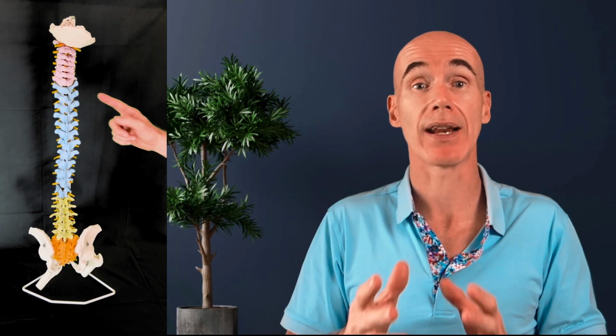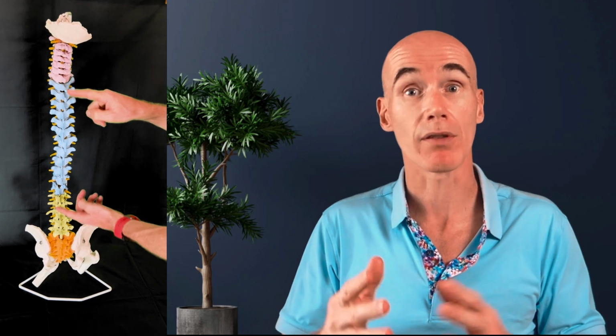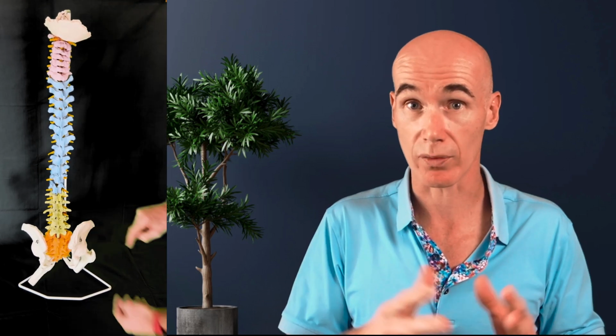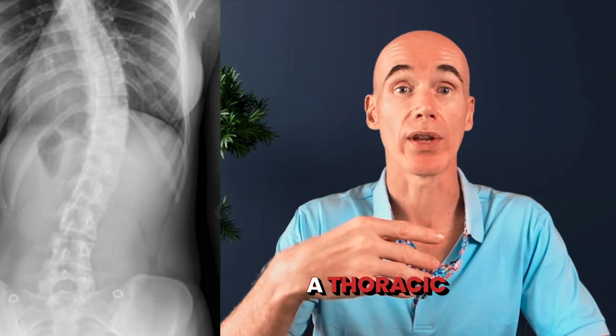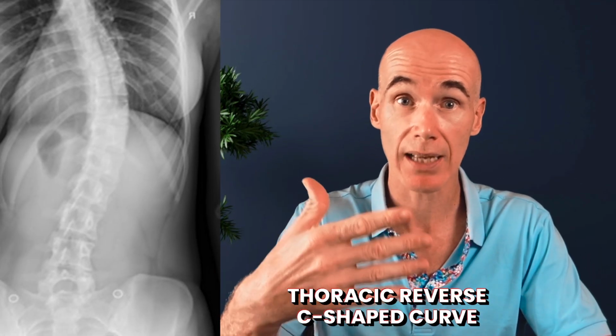When we look at the spine, we can divide it into two areas, the thoracic and the lumbar. The thoracic consists of 12 bones or vertebrae, and the lumbar consists of 5, and it's at the bottom. As this curve is in the thoracic area, we can call this a thoracic C-shaped curve. Or to be more accurate, as we're looking at it from behind, we can call it a thoracic reverse C-shaped curve, because it makes the shape of a C that has been reversed or flipped.